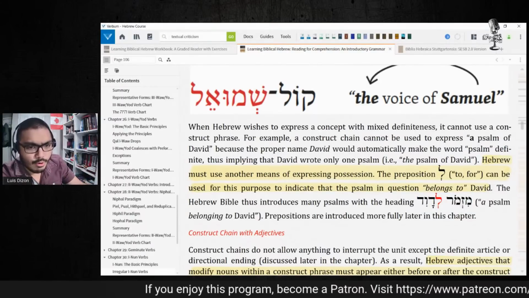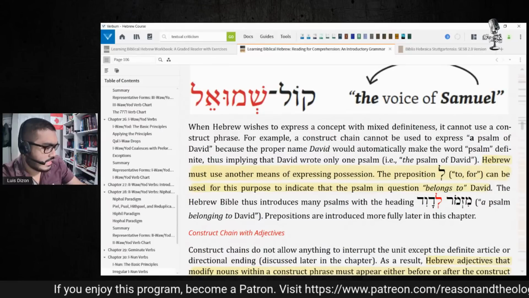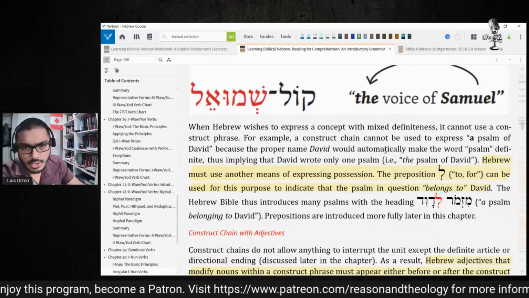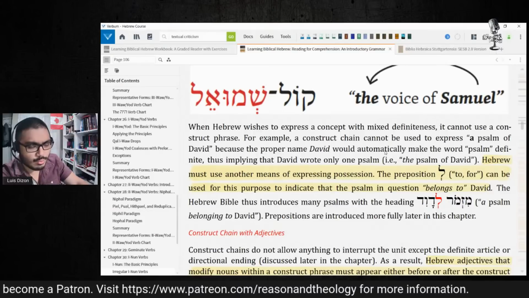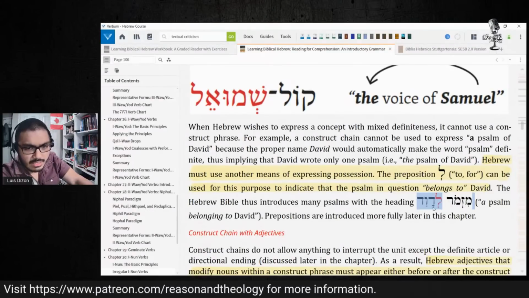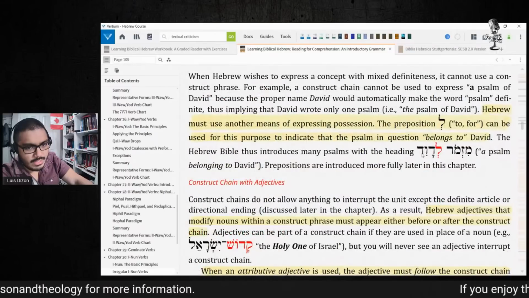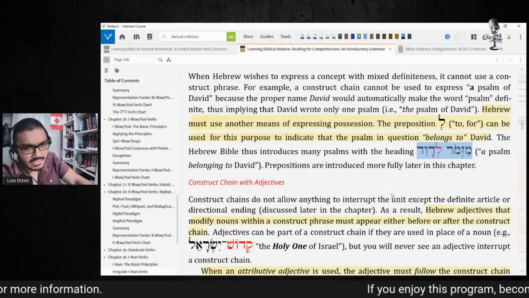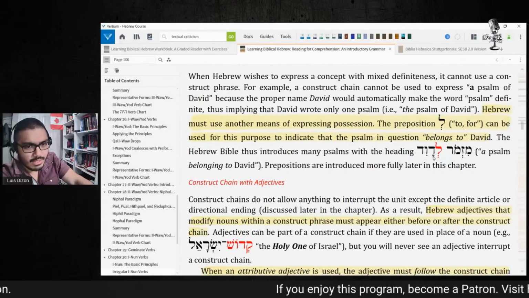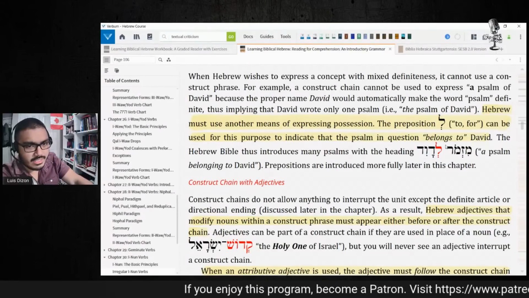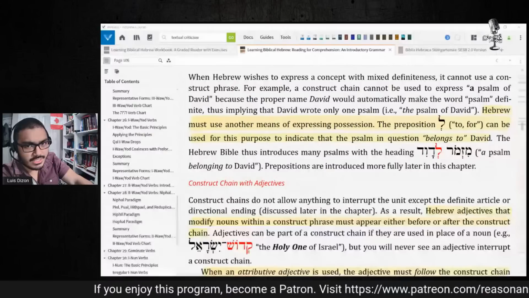You would not say Mizmor David because that would translate as the Psalm of David, implying that he only has one. Instead, you would say Mizmor le David. If you were to be literal about it, you would translate this as a psalm to David, but the l there is being used to indicate possession.